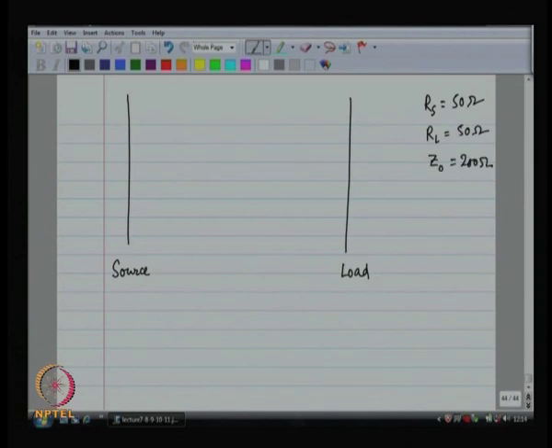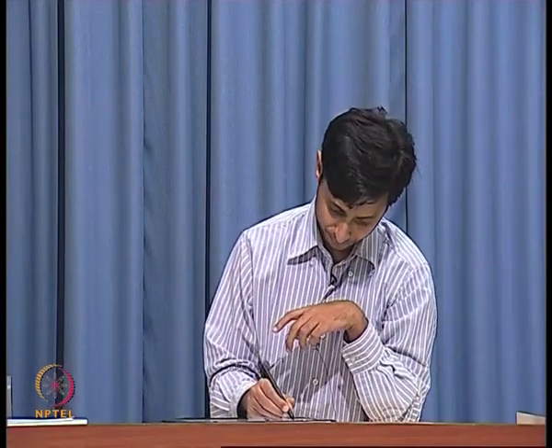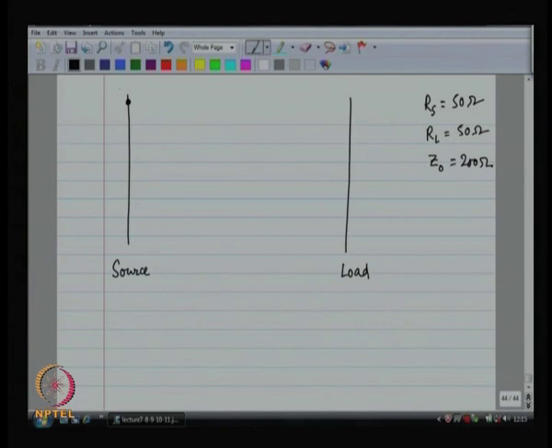This is what we started with, and suppose I launch a 1 volt wave. This 1 volt wave sees a source resistance of 50 ohms and a characteristic impedance of 200 ohms. So, what is the portion that reaches the wire? The portion that reaches the wire is 4/5 of 1 volt. So, you are basically launching V plus of value 0.8 volts.